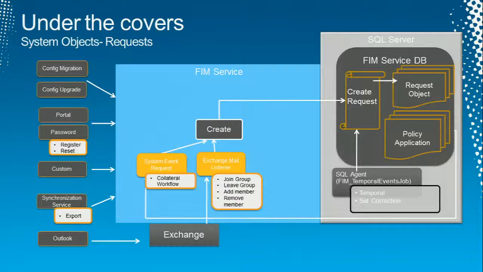The common one is what we call collateral workflow. What is a collateral workflow? Collateral workflow is a fancy name for workflows that are triggered as a result of other user actions. Let's take a very specific example. You have created a policy that runs the provision AD users synchronization rule for all full-time employees in your company.